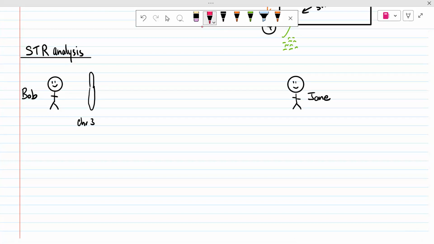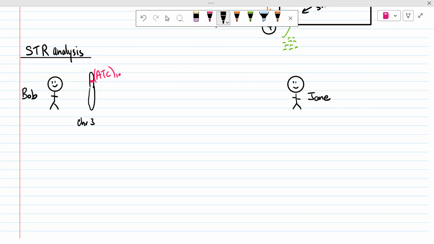You need colors for this, 3 colors, otherwise the note will not make sense. So on chromosome 3, we have an STR here, and that is ATC repeated 10 times.